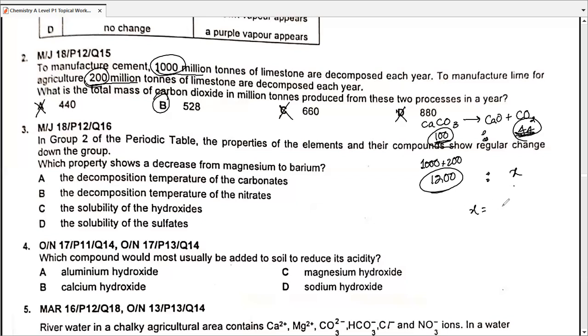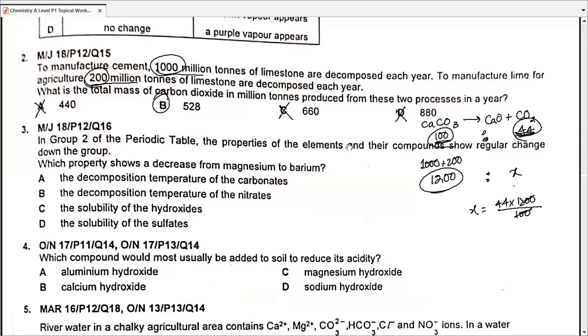So X is going to be 44 into 1200 divided by 100. That's easy, 44 into 12, which is 528. Again, pretty easy. Get the point? Yes, sir.